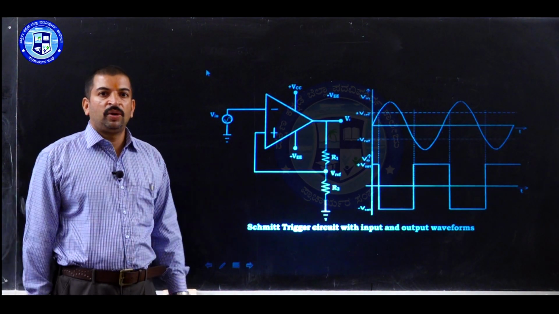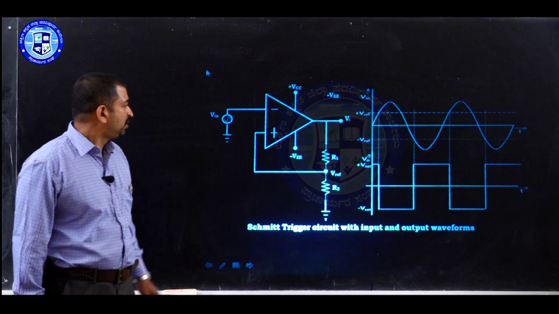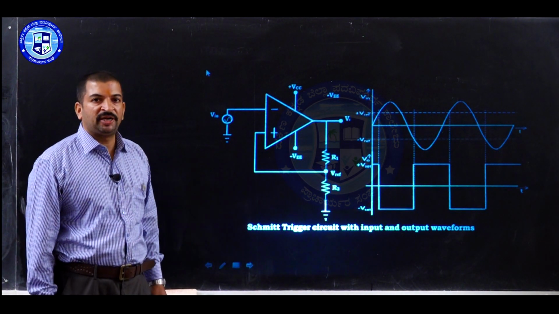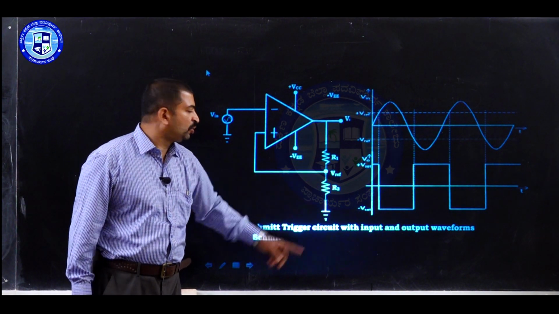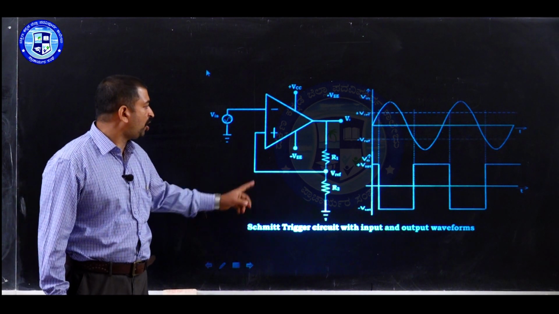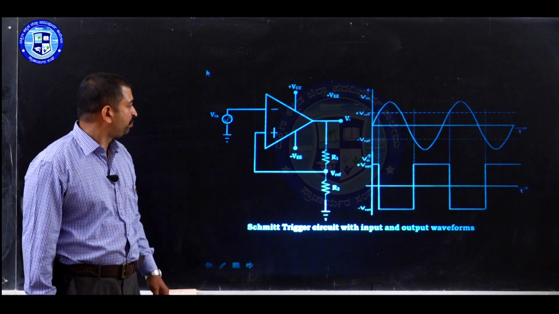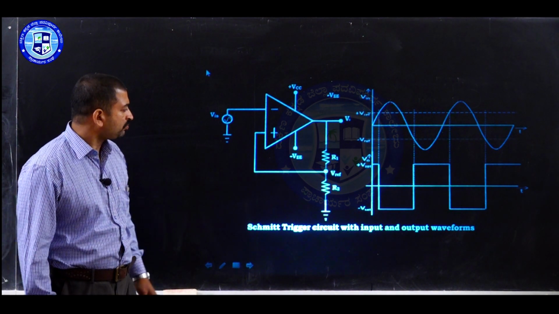Let's study the working of the op-amp Schmitt trigger circuit. This is the circuit diagram of the op-amp Schmitt trigger. It consists of a series combination of two resistors R1 and R2, which are connected to the non-inverting terminal of the op-amp. The input signal is applied to the inverting terminal of the op-amp.